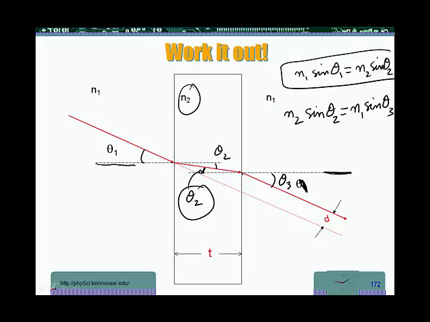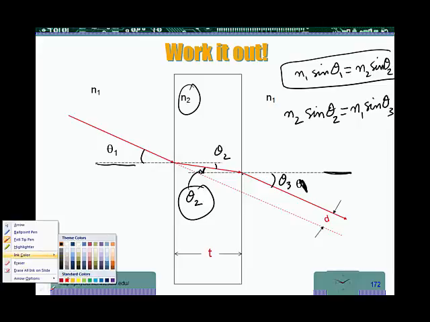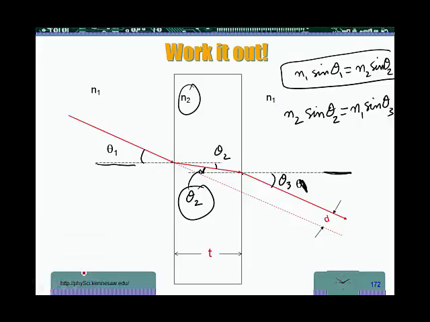Now, if you compare both equations, this is the same as this, and this is the same as this. So everything is the same except theta 1 and theta 3.